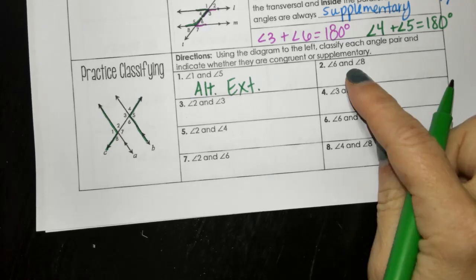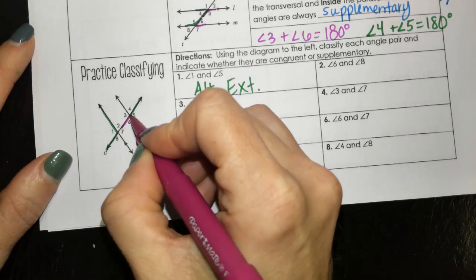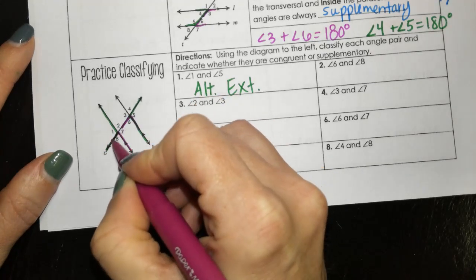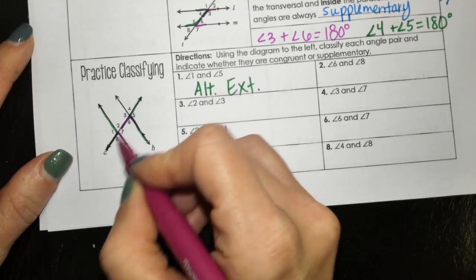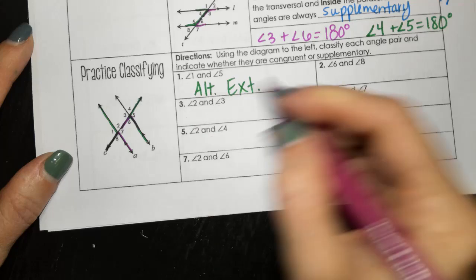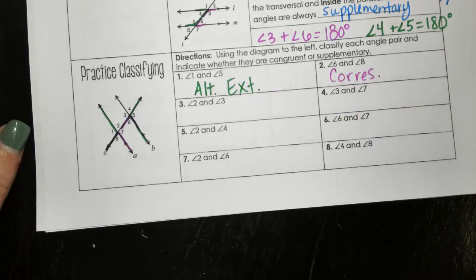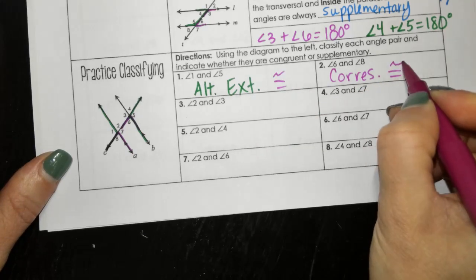If I'm looking at angle 6 and angle 8, those are in the same place along the transversal, so those are corresponding angles. Okay, so those will be congruent. These guys are congruent, these guys are congruent.